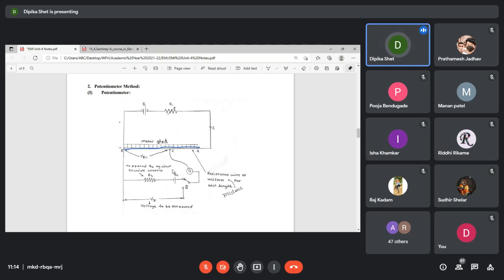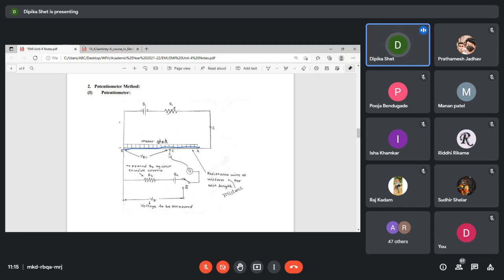Now on the secondary side, this galvanometer G is connected, so that one terminal of this galvanometer is connected to this resistance wire via this sliding contact C, which is also called the jockey.